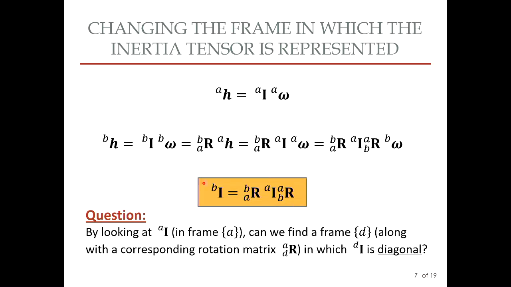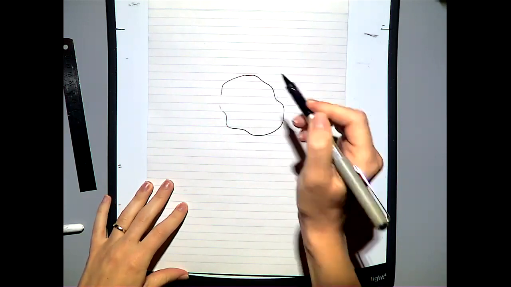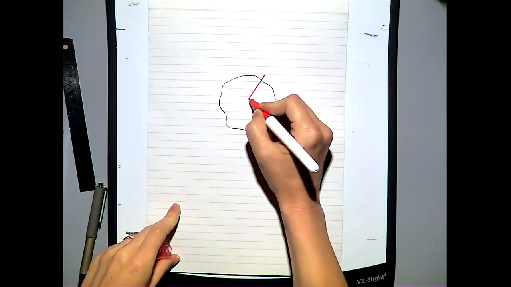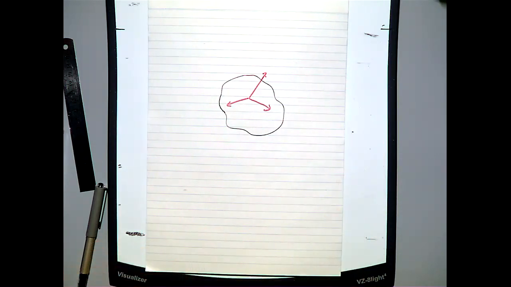Okay, so given that I can transition from different frames, let's say I have some rigid body, and let's say I know the inertia tensor relative to this red frame, and I am trying to look for a specific coordinate system where the inertia tensor is diagonal.